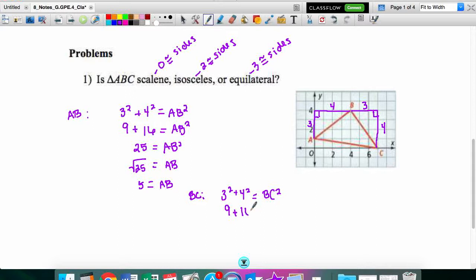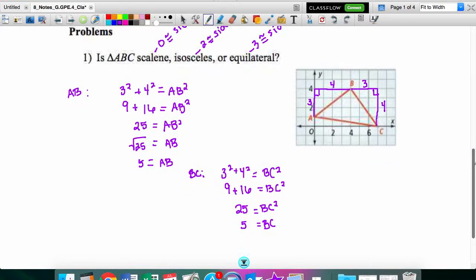Calculate. In this case, it should look pretty familiar because these numbers happen to be the same. You could probably already predict what's going to happen here. Take a square root, and the square root of 25 will be 5. So we just found that BC will be 5 as well.